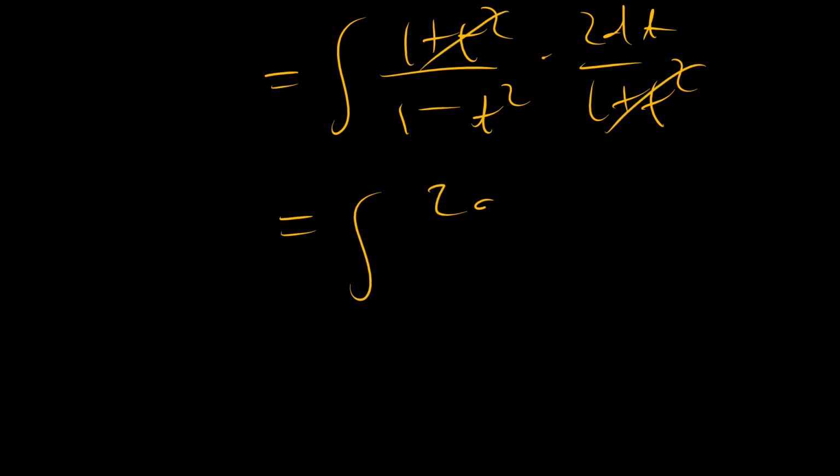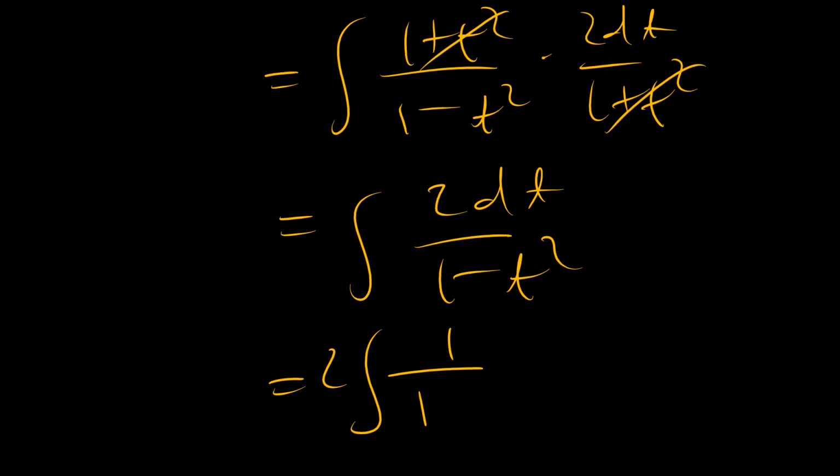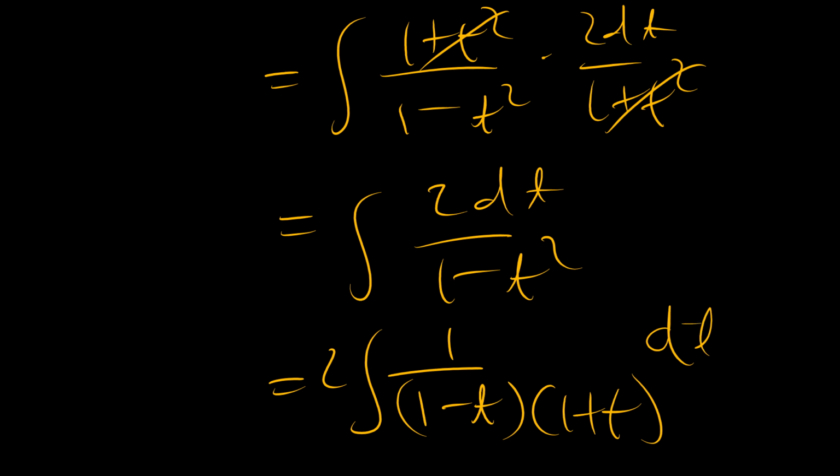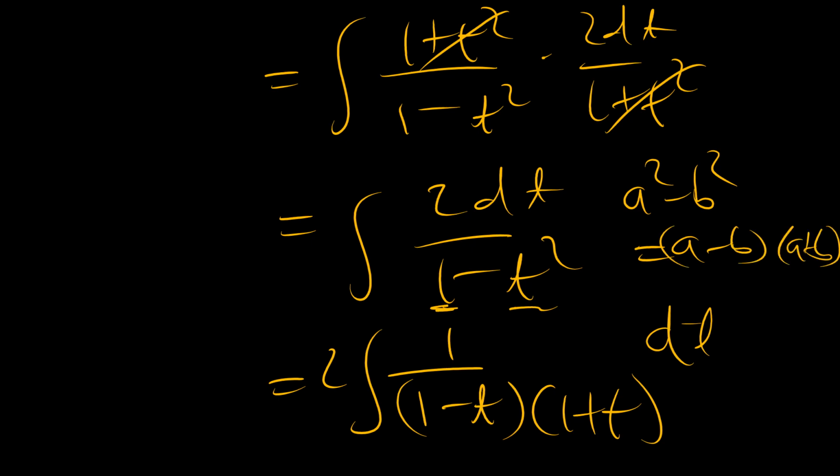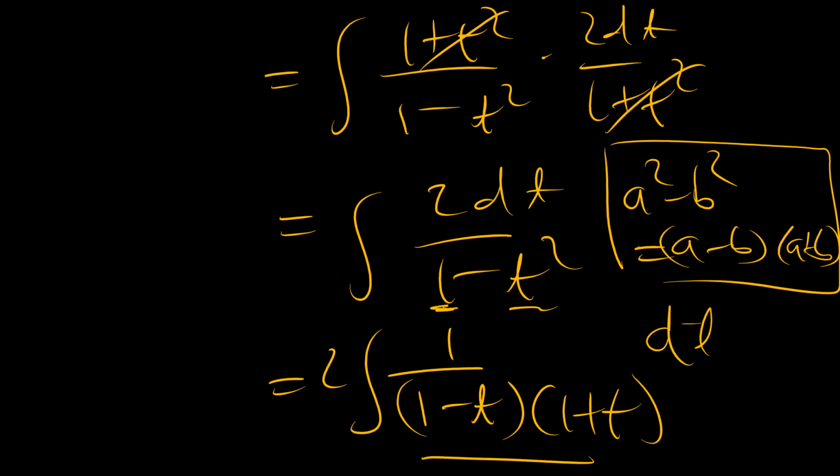So we have 2 dt over 1 minus t squared, and this is the same as 2 outside, using the difference of two squares, where a squared minus b squared equals a minus b times a plus b. And thus, using this identity, we have converted this to this.